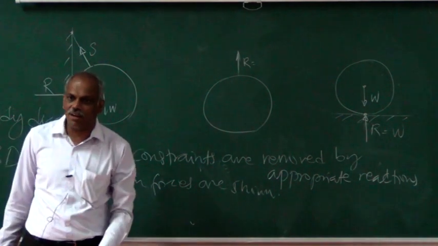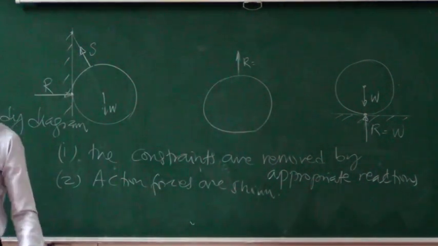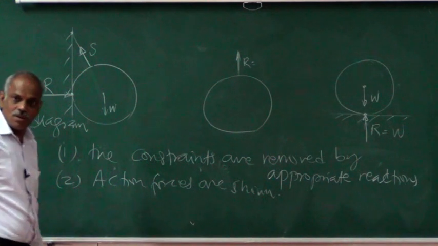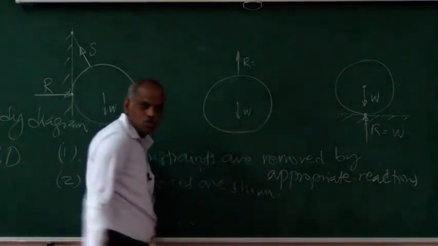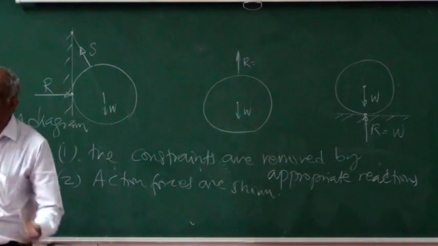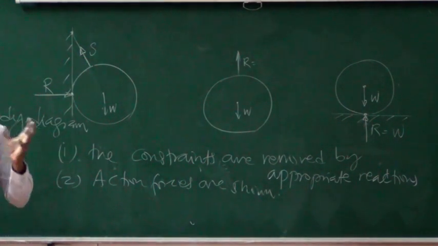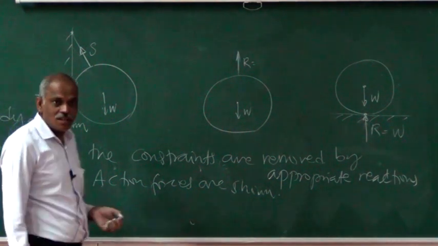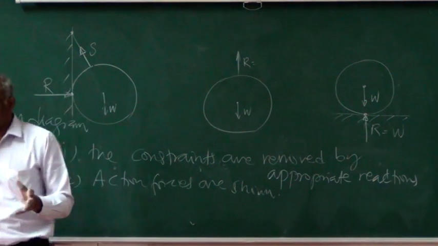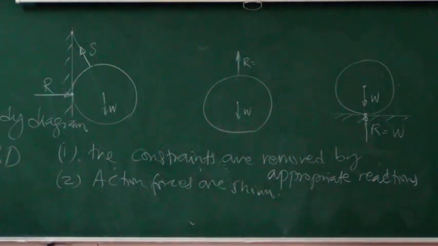This is not a free body diagram. A free body diagram should include the action forces also. That means it should include all the forces which are acting on the body. Is the definition over? More or less it is over.